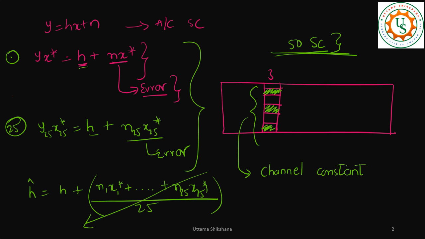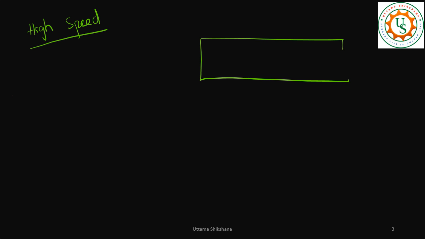But as I was mentioning, the channel need not be constant across subcarriers. That is when I was considering the high speed scenario. Under these conditions, when we take this OFDM grid, y1 = h1 x1 + n1, right?